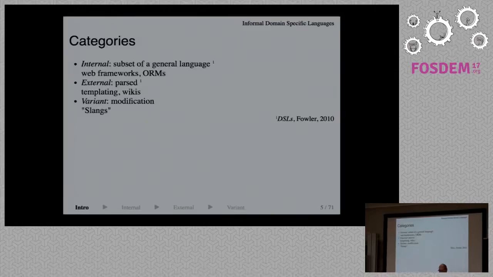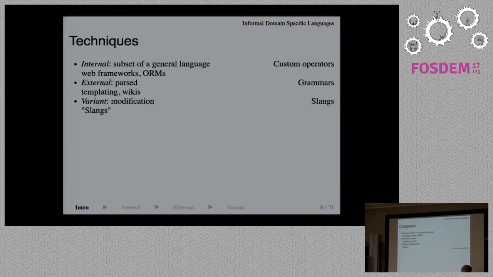So you have some sort of parser, but it's not just a subset of Python or a subset of Ruby. I'm adding a third category to this talk, which I'm calling variant DSLs. These are languages that start off as a more common language, but you modify it a little bit. And in Perl 6, there's a notion of slangs, which refers to this concept.